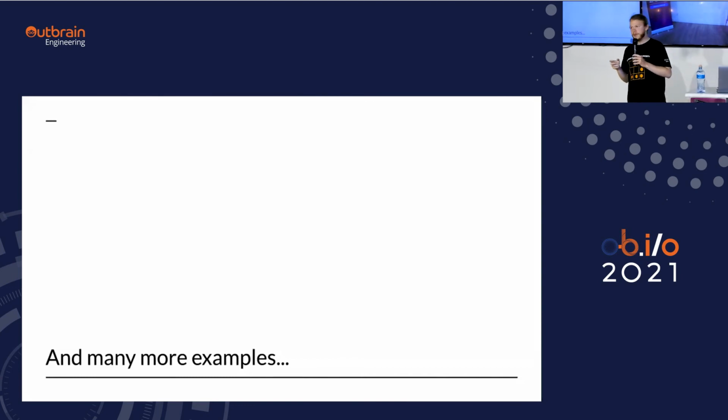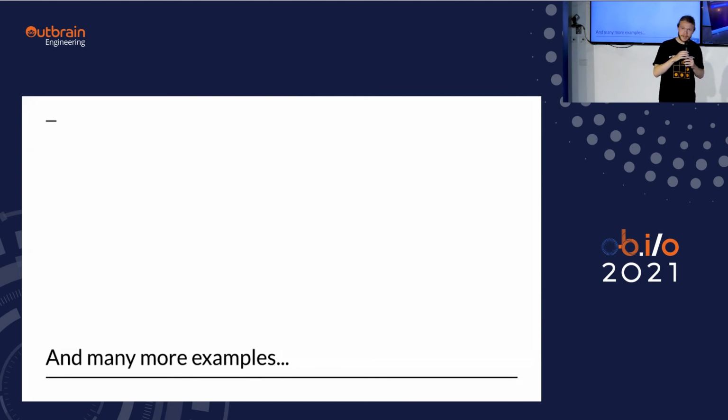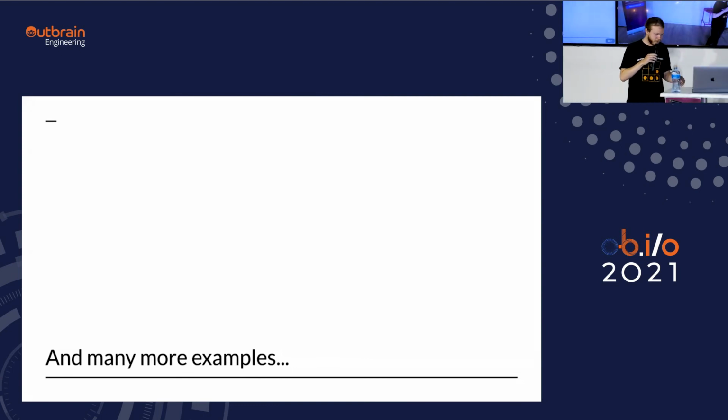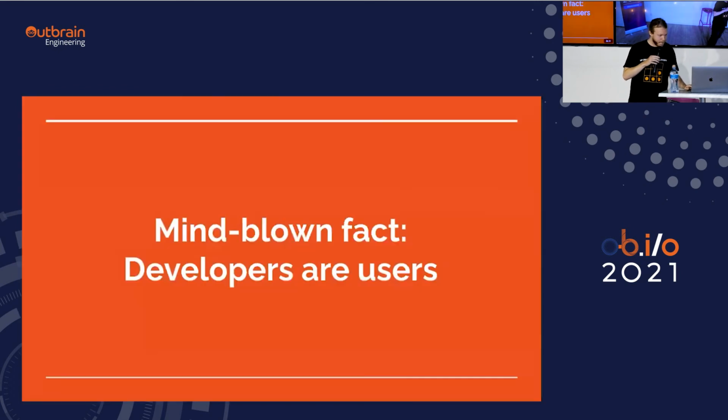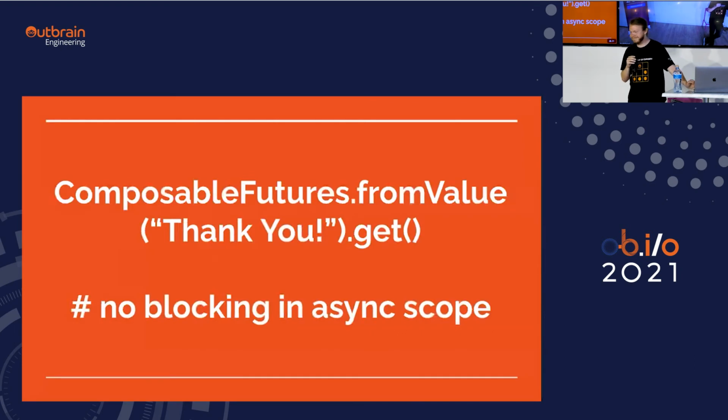Think of whether you accept them to try and catch, or maybe you're going to return a Try construct for them to basically have flatMap and other types of interface. So many examples. Just be mindful next time you're building any tool. Developers are users. I'm not sharing anything you didn't expect. Always be mindful of that. There are a few resources, and thank you.